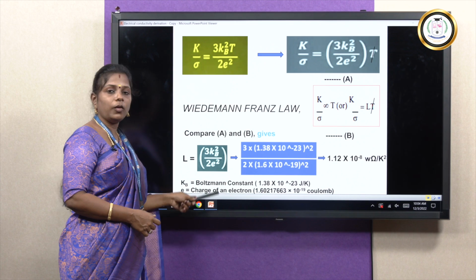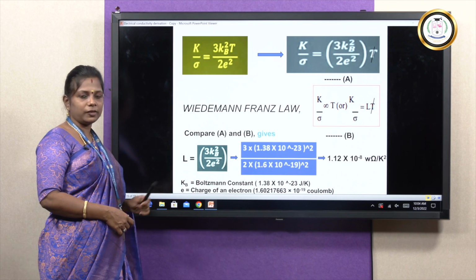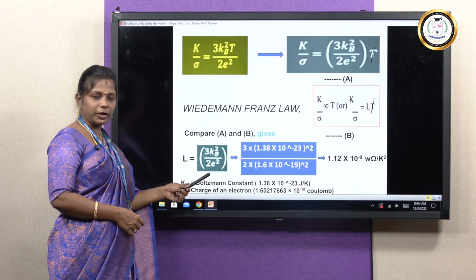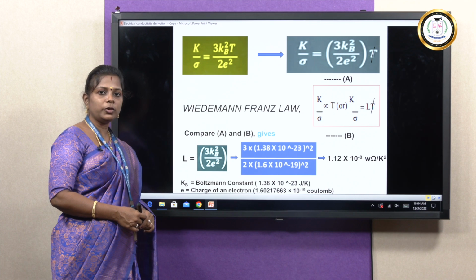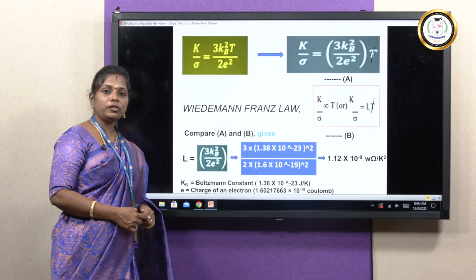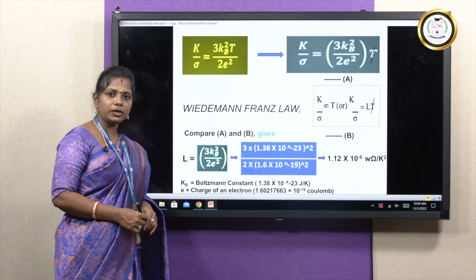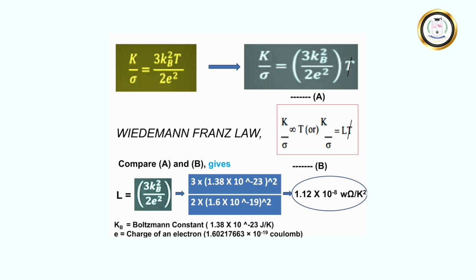By substituting all these constant values in the Lorentz number expression, 3 Kb square by 2e square, instead of Kb substituting 1.38 into 10 to the power minus 23 the whole square, 2 into e square, instead of e square substituting 1.6 into 10 to the power minus 19 the whole square, we are getting the value as 1.12 into 10 to the power minus 8 watt ohm per Kelvin square. This is the value of the Lorentz number by using the classical approach.